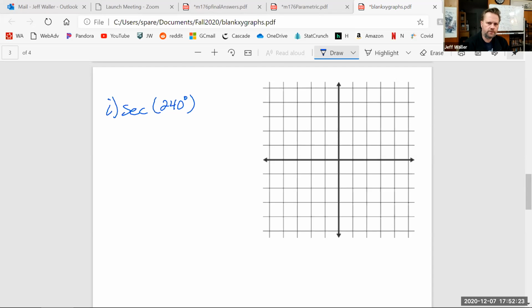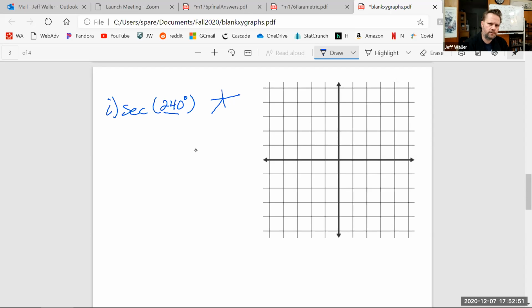So what I always do, I'm going to ask you to do this to help me and to help yourself. I'm going to say first, plot where this is, because a lot of you don't, and then you make silly mistakes. Where is 240 degrees? It's 60 in quadrant 3.